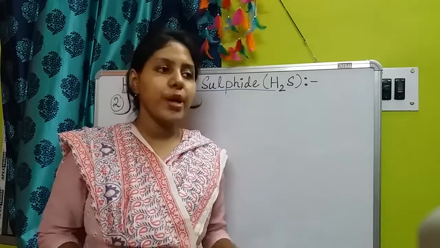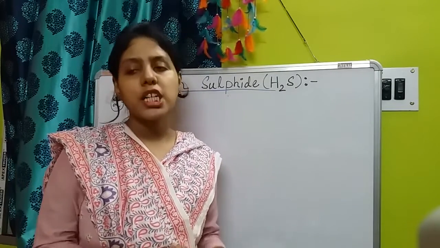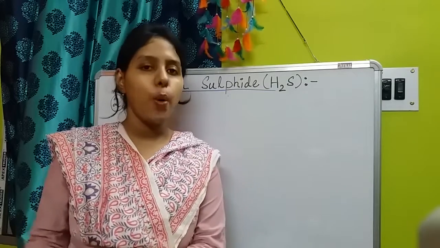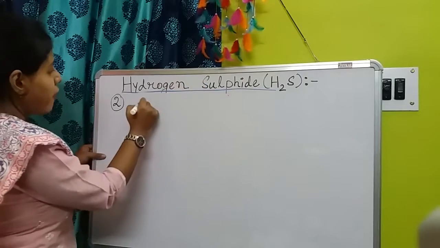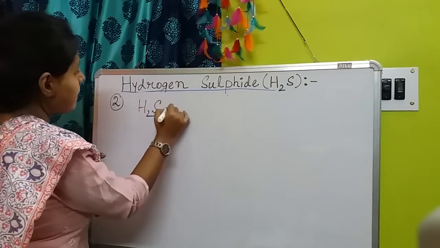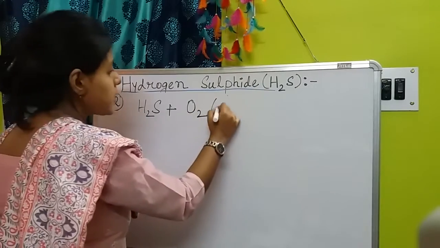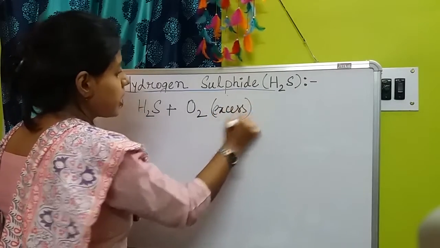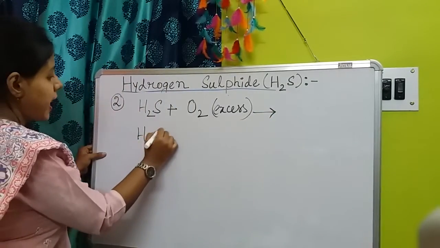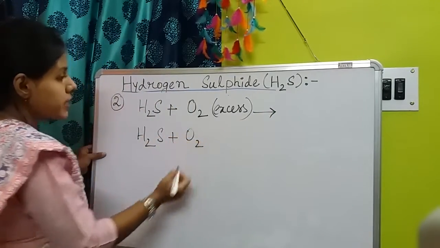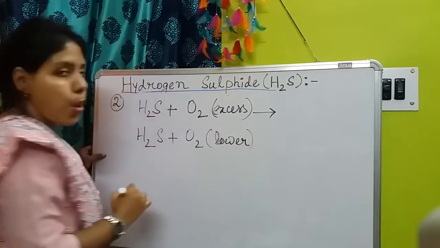That means if we take oxygen in greater amount, it will give one product, and if we take oxygen in lower amount, it will give another product. So let's check. First, H2S plus O2, where oxygen is taken in excess amount, and another H2S plus oxygen where oxygen is taken in lower amount.